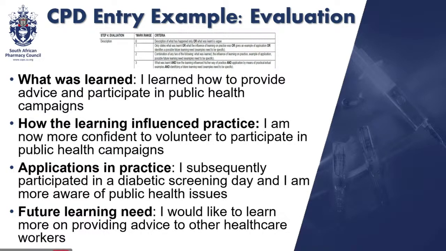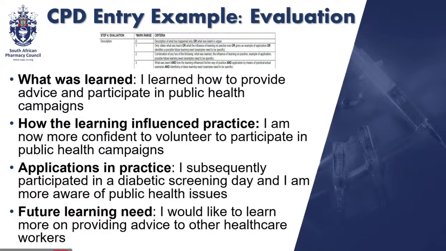So if your competency standard was 2.6, provide pharmacist-initiated therapy, and the vehicle that you used was a patient that complained about a cough, a hypertensive patient, and you didn't know the whole story around pharmacist-initiated therapy, then your application should not be 3 days later a different hypertensive patient asked for cough medication.